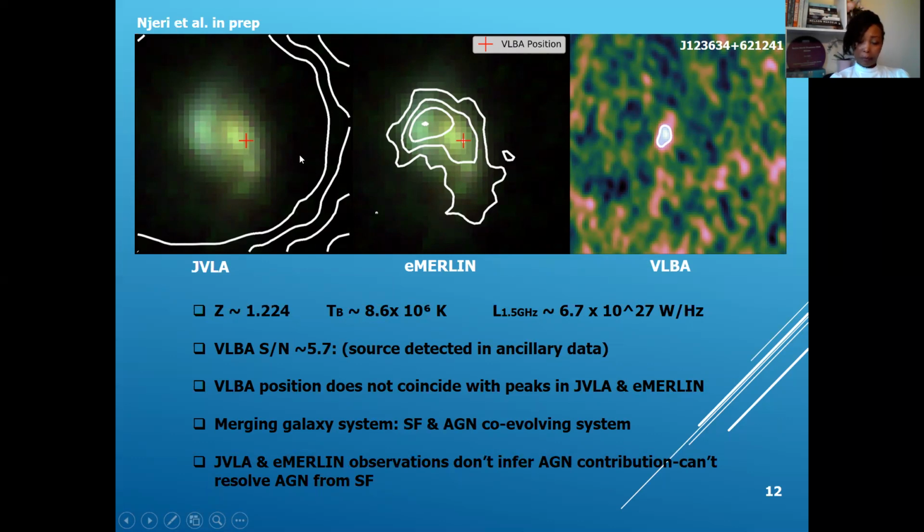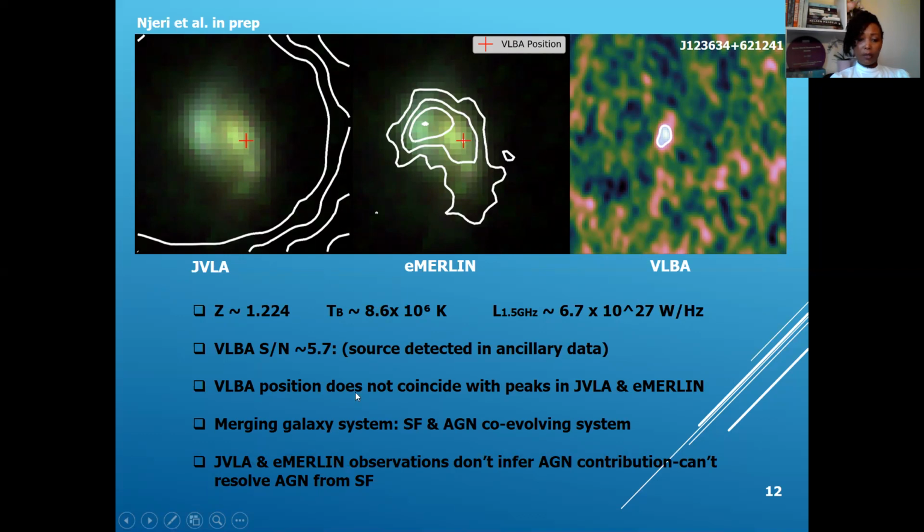Clearly from the images, you can see that the VLBA position does not coincide with the peaks in both the JVLA and particularly the e-MERLIN. You can see the peak of the flux density in the e-MERLIN image and the position of the VLBI position. So clearly, this is a merging galaxy system where both the star formation and AGN activities are co-evolving.